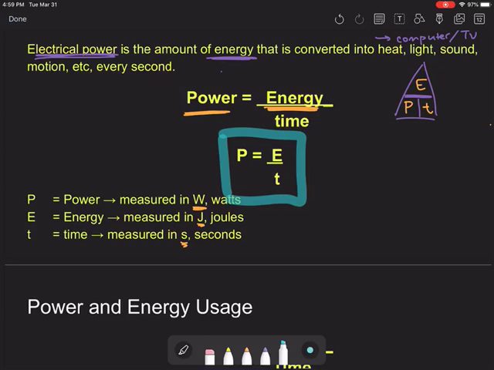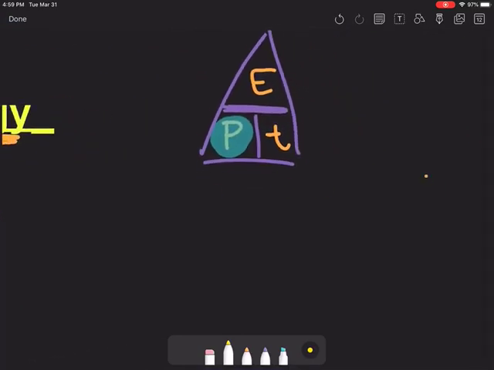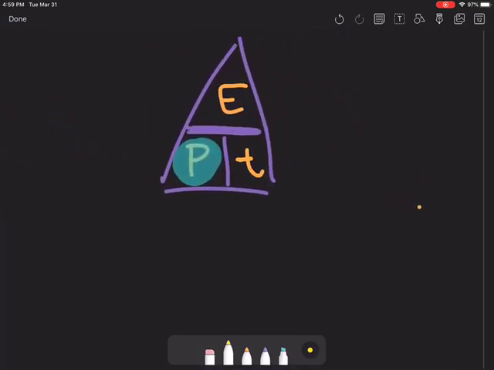Okay. The way the triangle works is we cover up the value we're trying to isolate, the value we're trying to get alone. So if we want to get P alone, we cover up P, and we end up with E divided by T. And that is the formula that we were actually given, but it's nice to know that the trick still works to give us the original formula back.